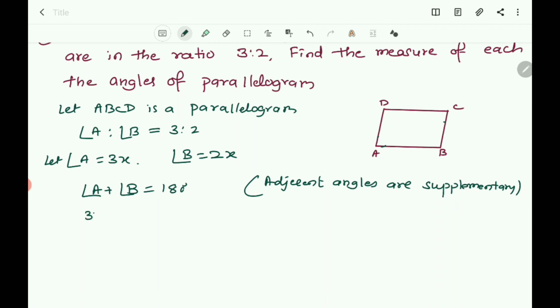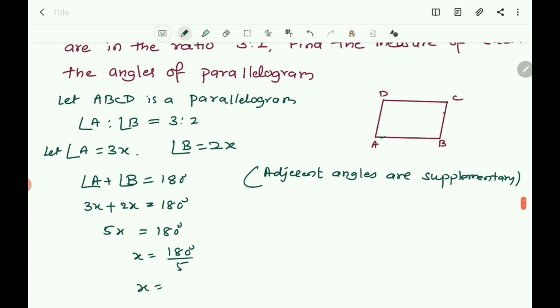Angle A is 3x plus angle B is 2x, so 3x plus 2x is 180 degrees. Then 5x equals 180 degrees, and x equals 180 degrees divided by 5.